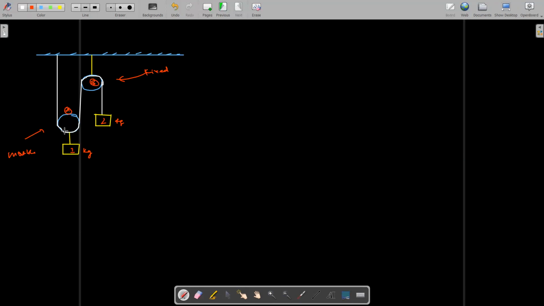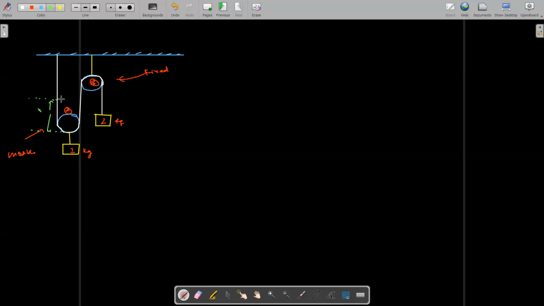So if pulley A moves upward by a distance x, say if pulley A moves to this position by a distance x, not only does this side of the string move up, this side of the string also moves up, right?